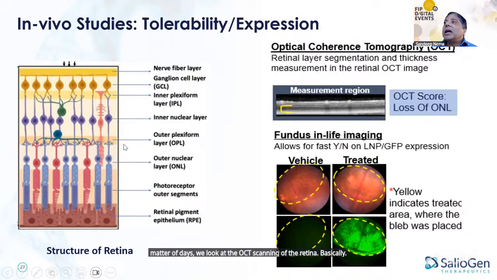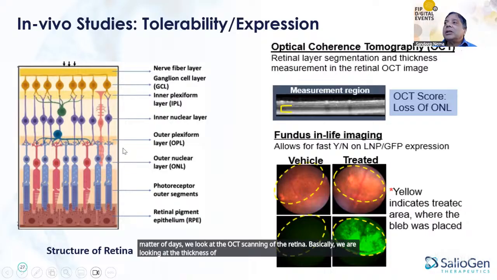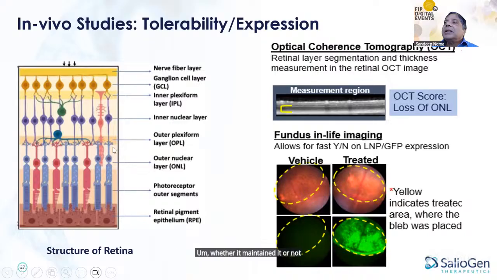Basically, we are looking at the thickness of the outer nuclear layer, whether it maintained it or not. If there is cell death, then this layer thickness will decrease significantly. If these are intact and healthy, it will maintain it like a vehicle, if it was injected with a vehicle. So that is in the live mice looking at the tolerability.